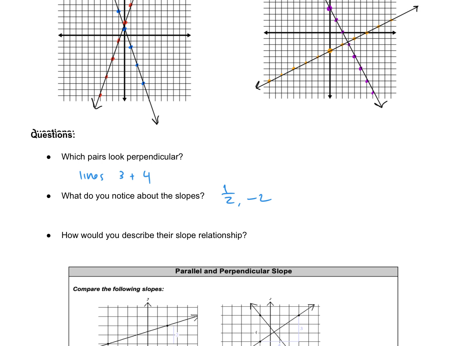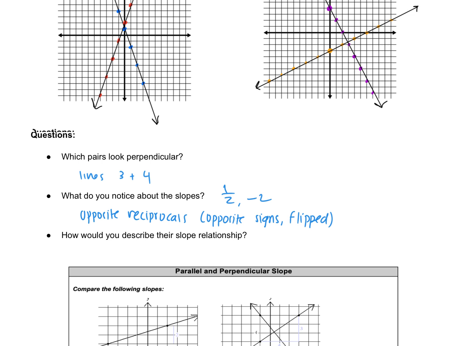Okay, do you know what it's called when you take the 1/2 and you flip it to make it 2/1? Reciprocal. So they are opposite reciprocals. They are opposite signs, and the fractions are flipped.